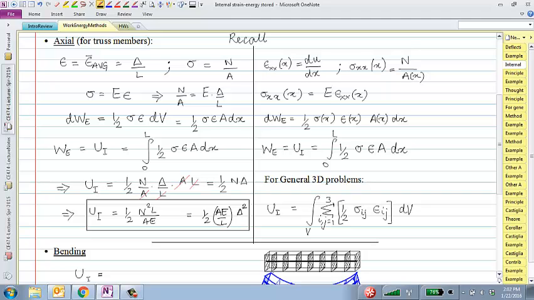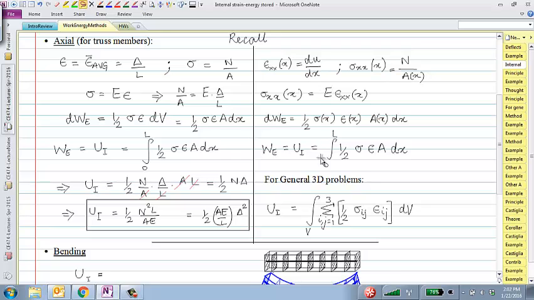Make sense? Or if you tell me that this bar has deflected by an amount delta, then I can tell you again what the internal energy stored would be. It's half AE over L times delta squared. They're both equal. And this is something that we use very shortly.